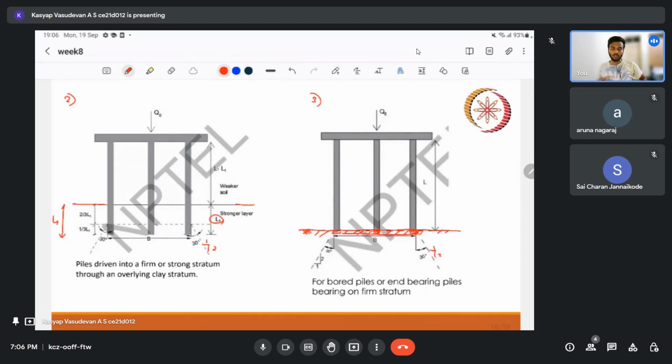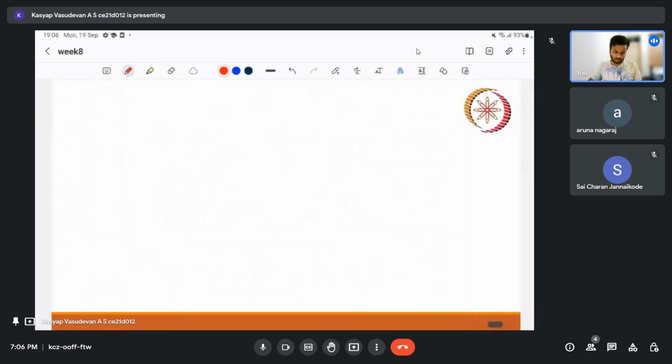So in whichever case we are dealing with, we'll assume that there is a raft foundation at that particular level, depending on the case, at 2 by 3 L, or the end bearing at the base, and from there we'll do just as we had done for shallow foundation. Okay, so that's what I wanted to say.